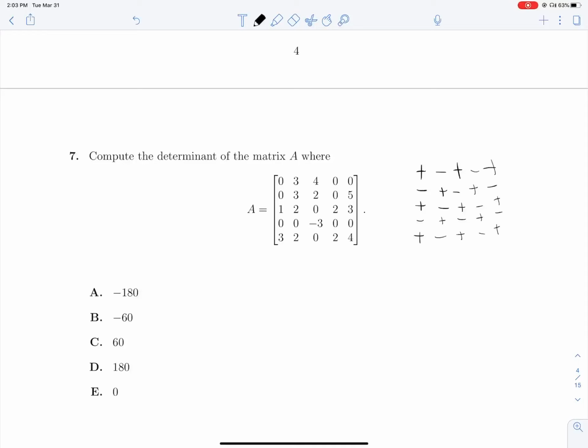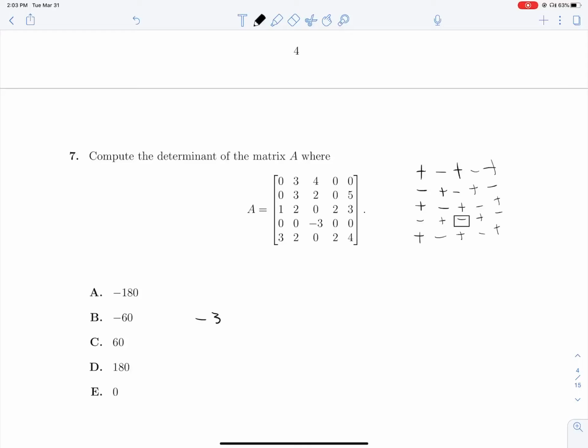Because we can take the determinant of this entire thing to be -3 multiplied by the sign for -3's position in this 5 by 5 matrix, and we can multiply that by the determinant of the matrix that's left when we cross out the row and column that -3 is in.